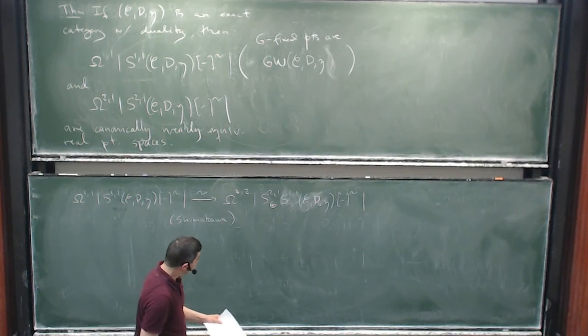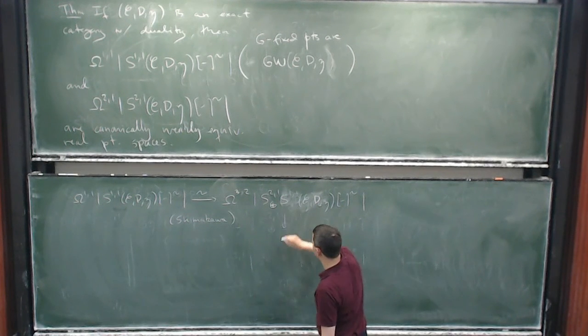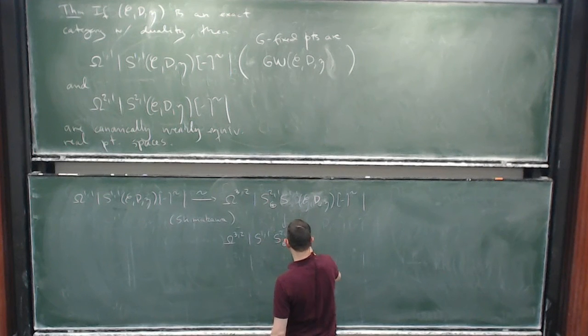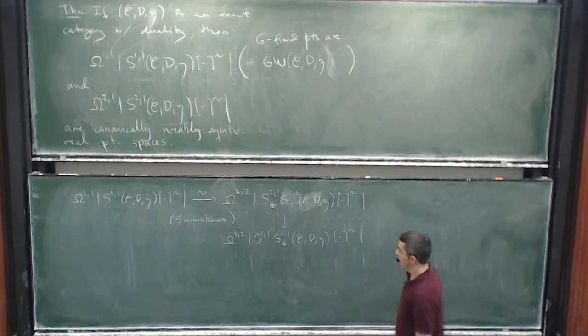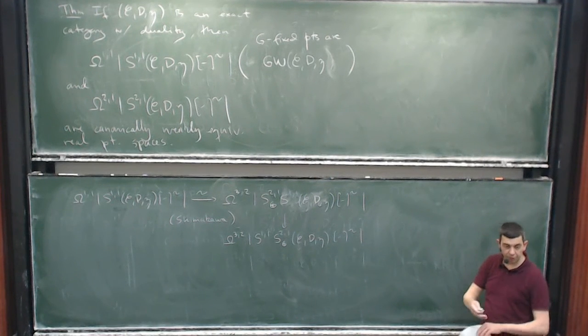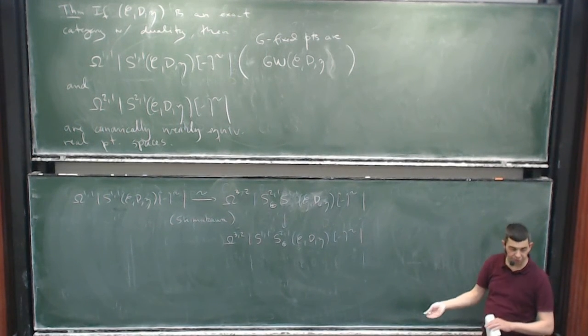Now we flip the two. Let's do that here. And the only thing I used to prove the additivity theorem were these two properties, that S2 1 takes 0 to 0 and extends to a 2-functor.